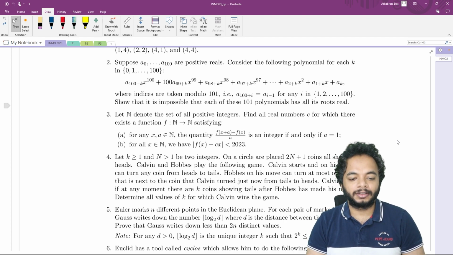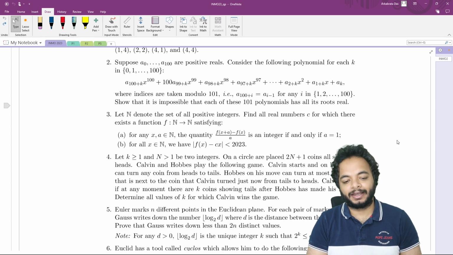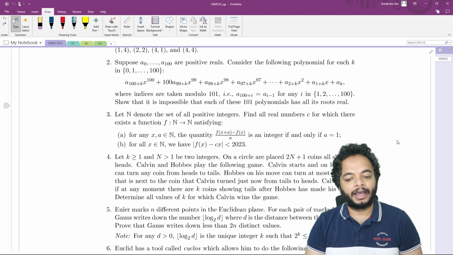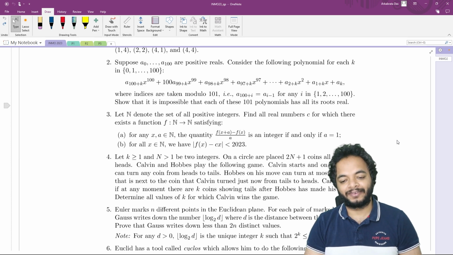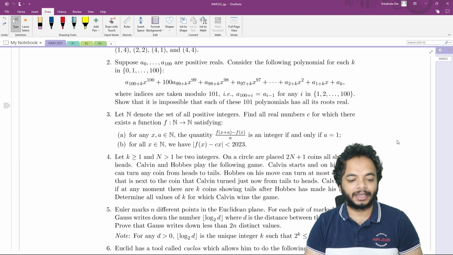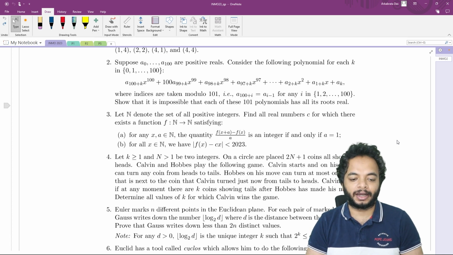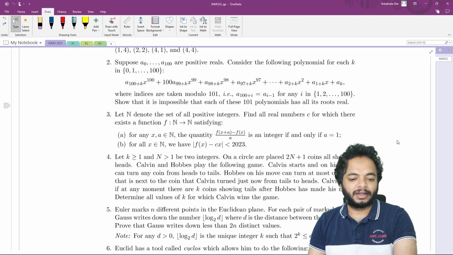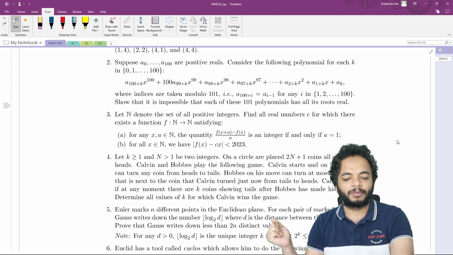These a0 till a100, these coefficients are positive reals, and you're considering this polynomial for every k, and k can be any one of 0, 1 till 100. So the polynomial is a100 plus k x to the power 100 and 100 a99 plus k x to the power 99, and so on.